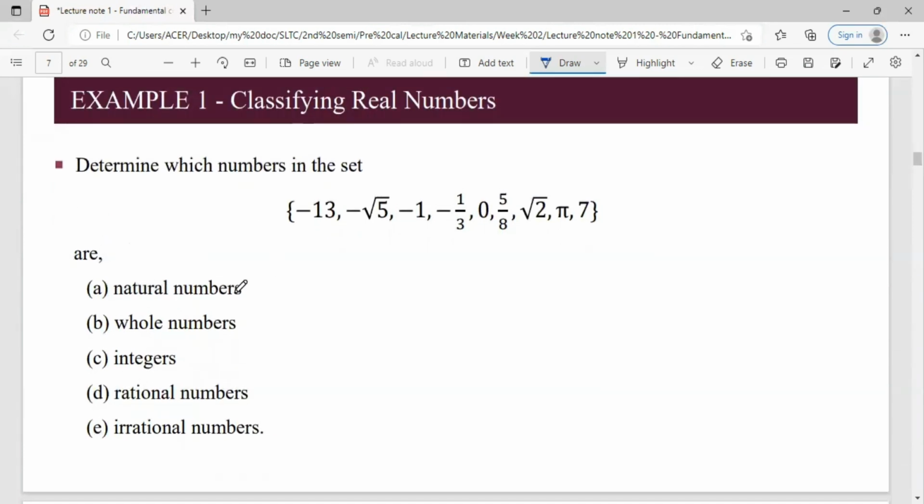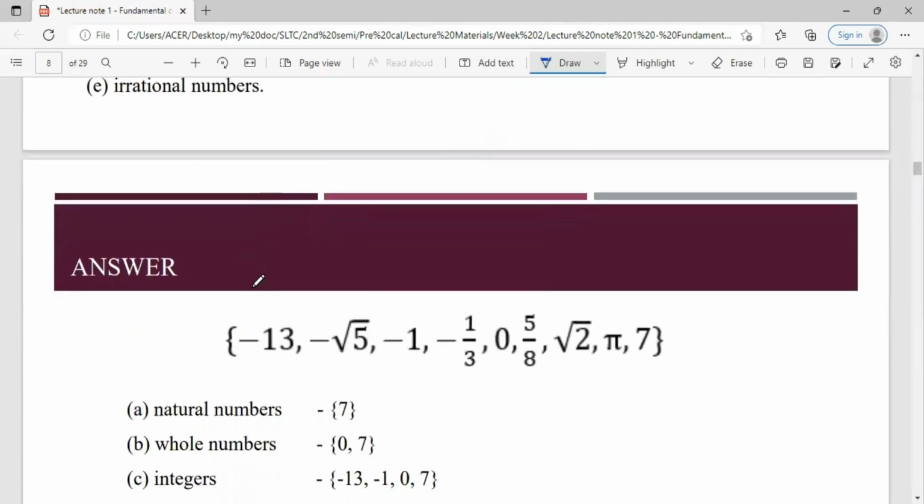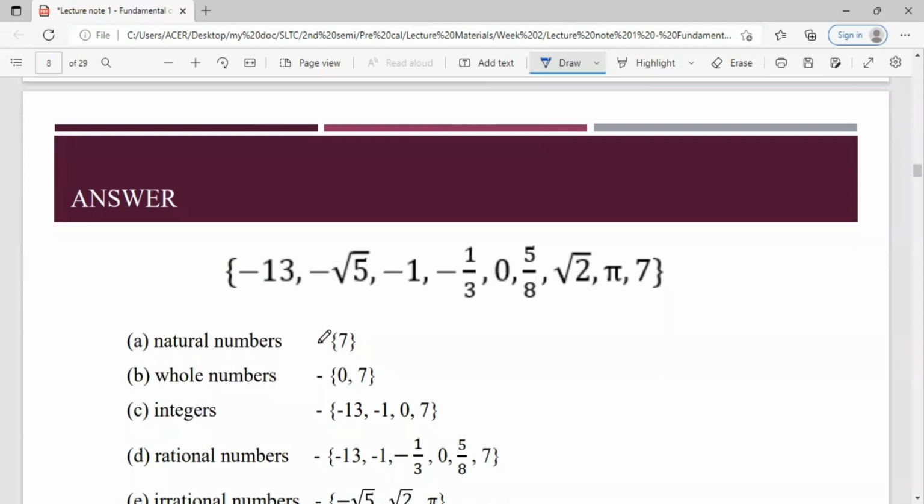So natural numbers. What are the natural numbers in here? Natural numbers, only 7, right? Because we know that 0 is not included in natural numbers. Then whole numbers.